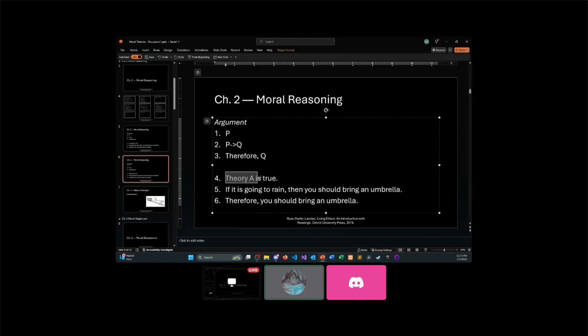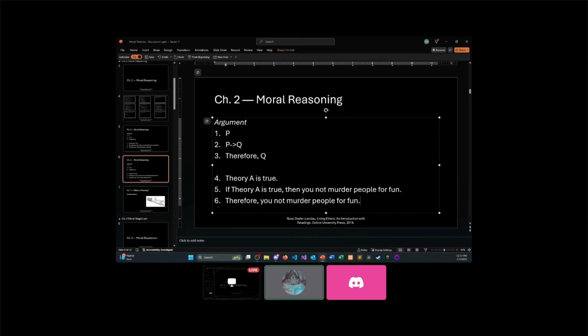And then we say something like, if theory A is true, then you should not murder people for fun, right? So we can conclude, therefore, you should not murder people for fun. Because we said theory A is true. If theory A is true, then you should not murder people for fun.